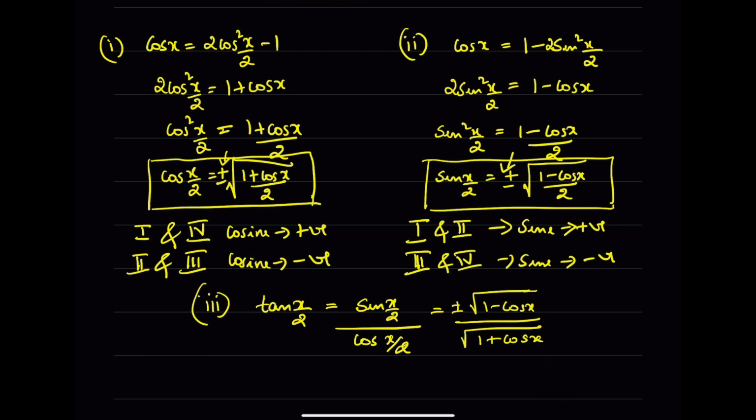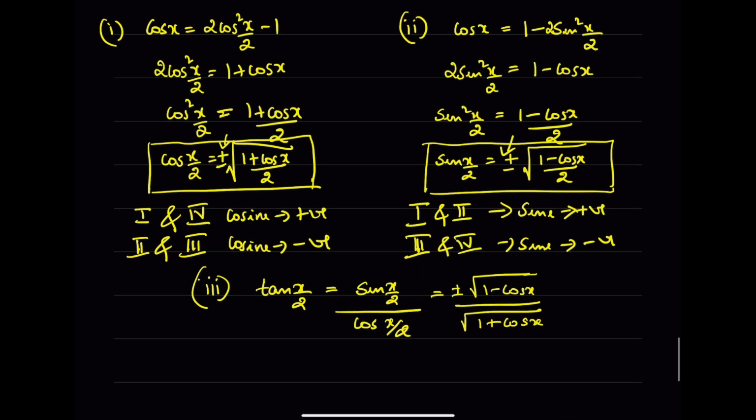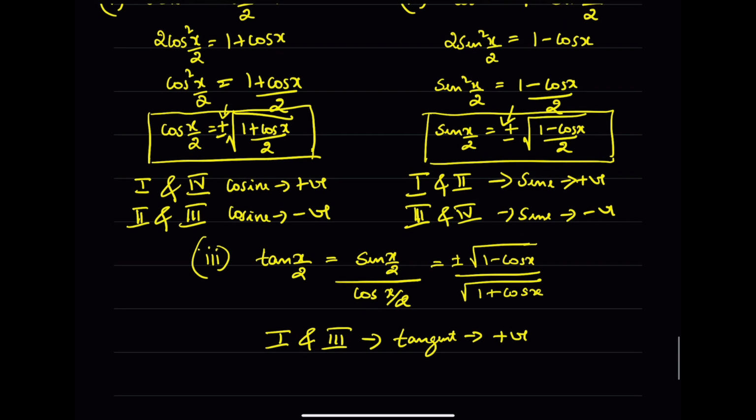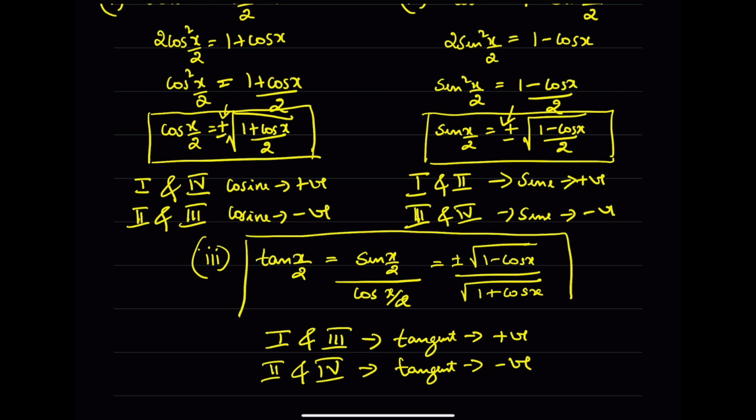And here again, tangent or tan is positive in first and third quadrant. Tangent is positive, and in the second and fourth quadrant, tangent is negative. So this is one more variation of the formula.